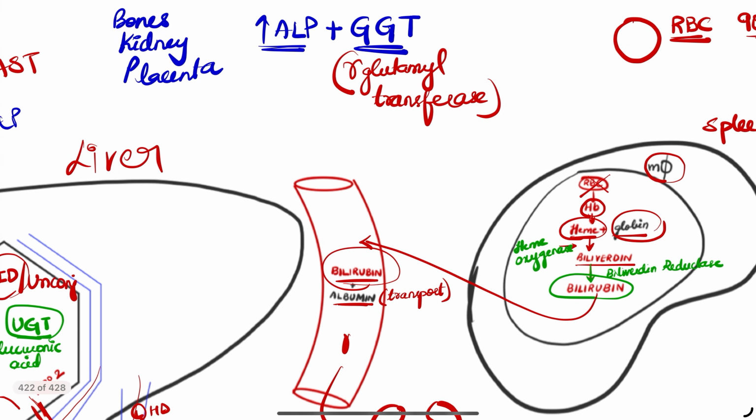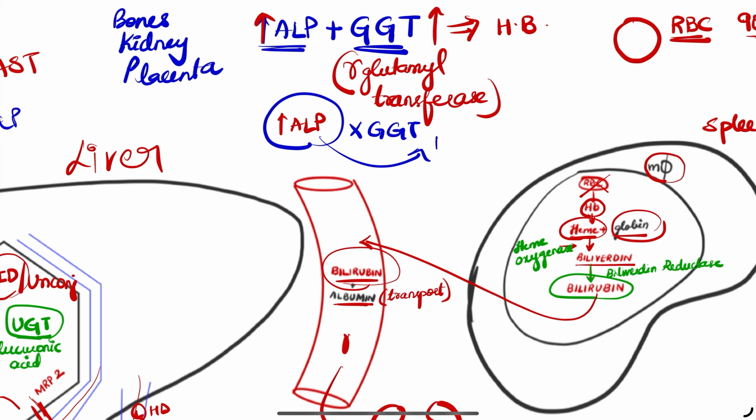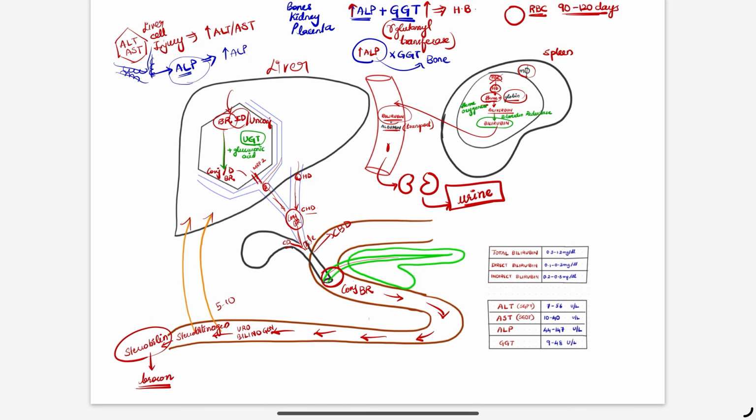If along with ALP, GGT is also raised, it confirms hepatobiliary origin. If only ALP is raised and there is no GGT rise, it may indicate bone, renal, or placental pathology. So, confirmation with GGT is important whenever ALP is raised.